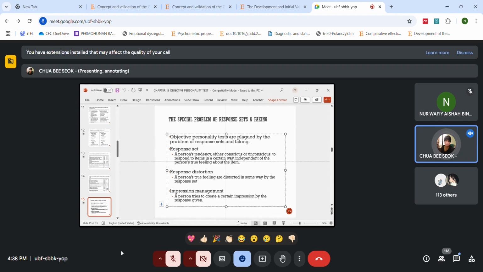Then the other one is impression management. Impression management means that when a person answers the personality test, they try to create a certain impression through the responses given. So they respond because they want to create some impression.